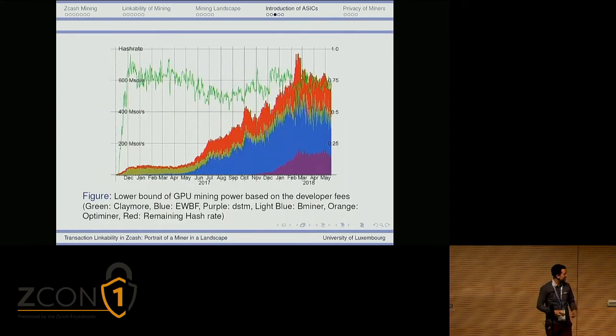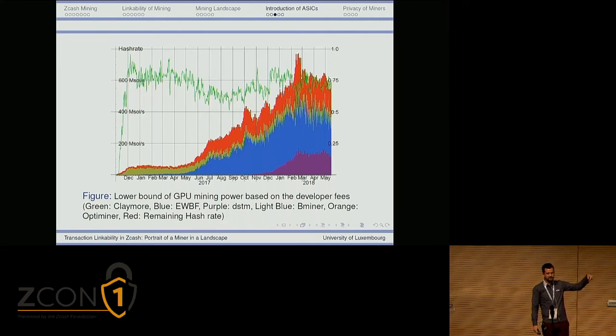And this is exactly what we did in this graph. In this graph, the red top part is the part that we couldn't identify as connecting to any specific software. But the green graph on the top is the ratio between the overall Equihash mining power and the identified GPU mining power.